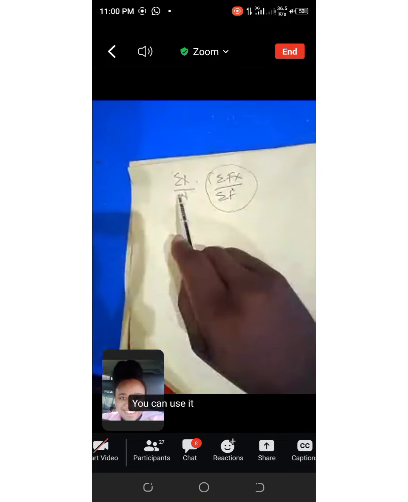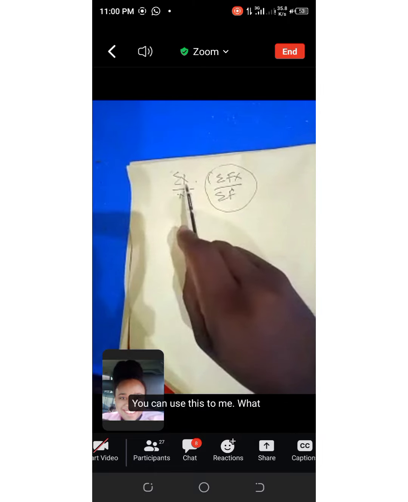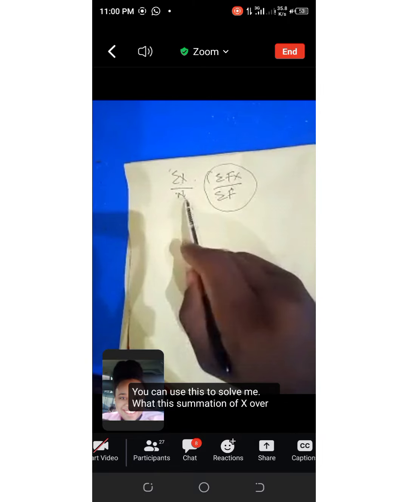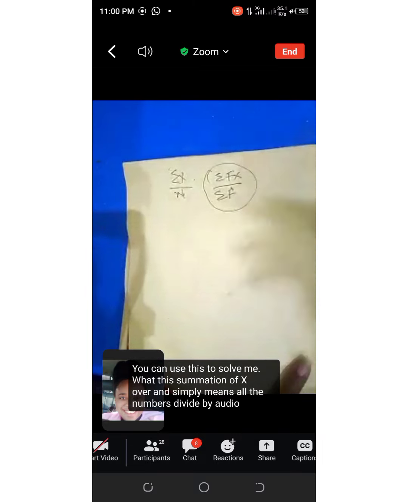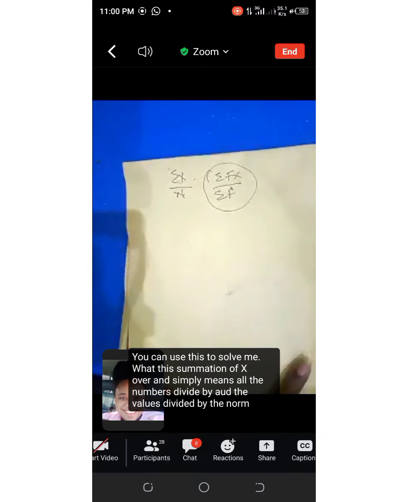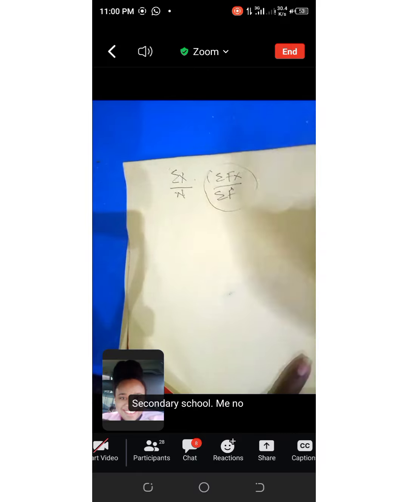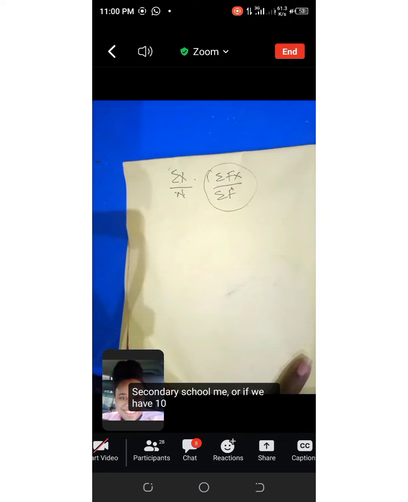What this summation of x over n simply means is all the values divided by the number of values. So it's a normal secondary school mean. If we have 10 students with 10 marks each, what is the mean? The marks will be 10 plus 10 plus 10, 10 times, divided by the number of students.